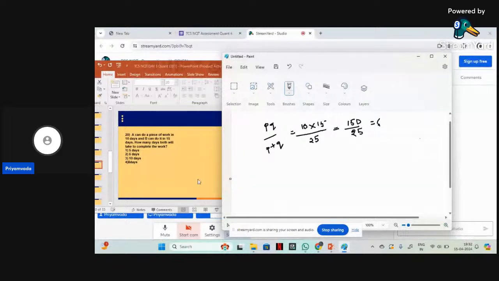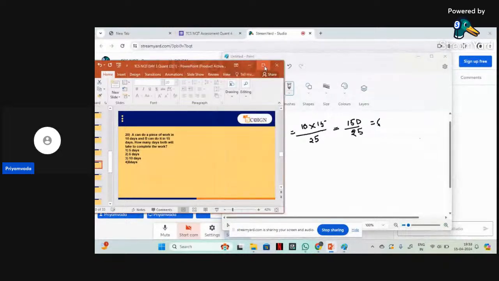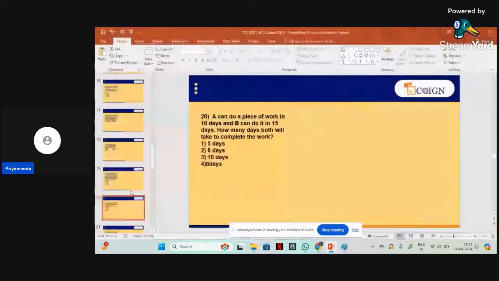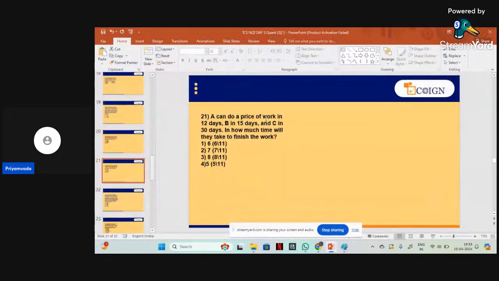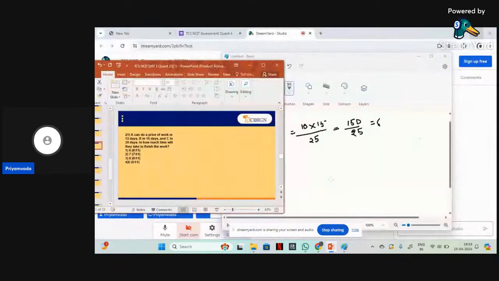Moving to the next question, here A can do a piece of work in 12 days, B in 15 days, C in 30 days. In how much time will they finish the work? So here we have three persons working on a particular task.